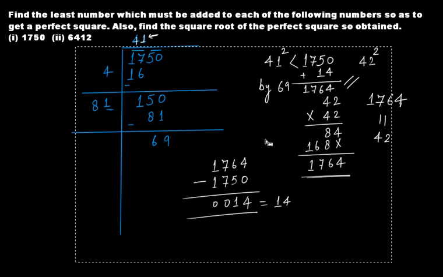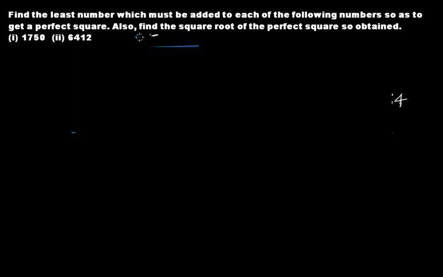Now let's find out the square root of 6412. In this case we have 6412. Let's do the pairing. And now the long division method.